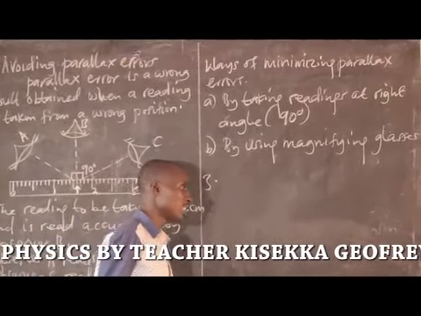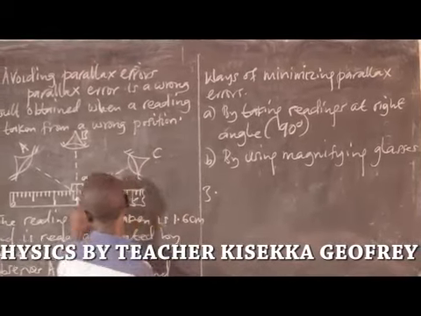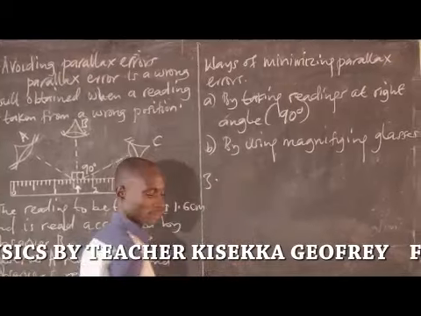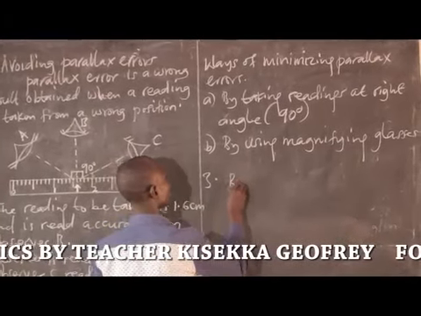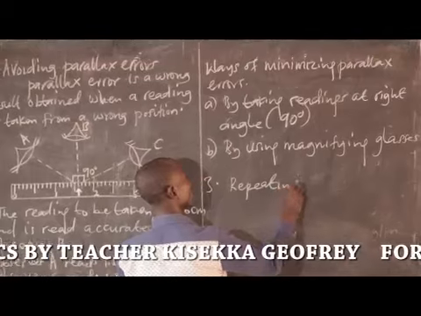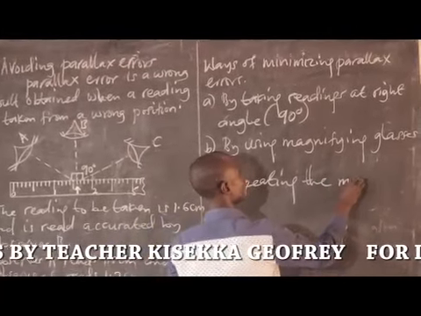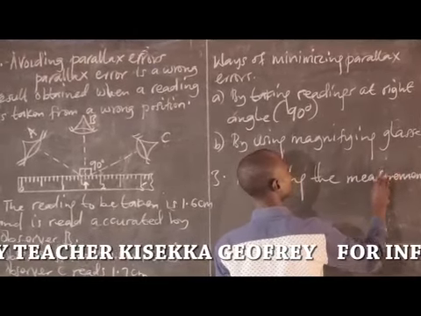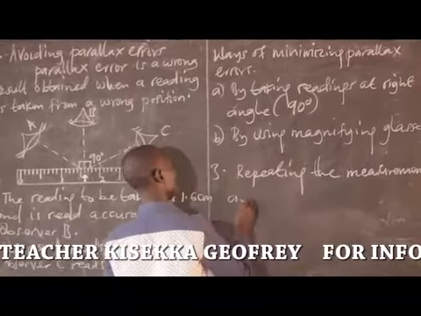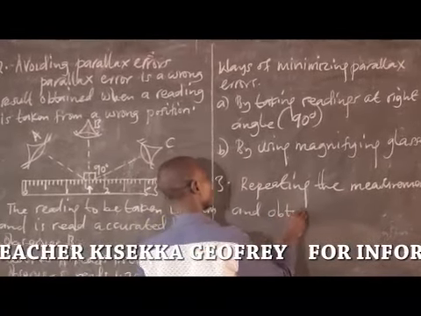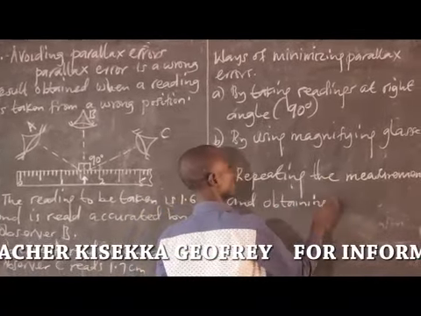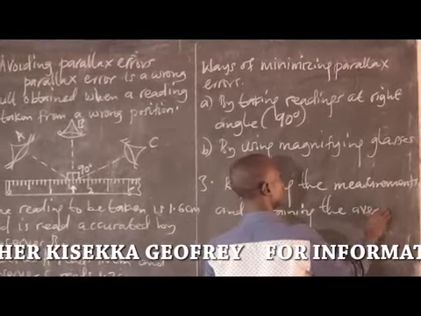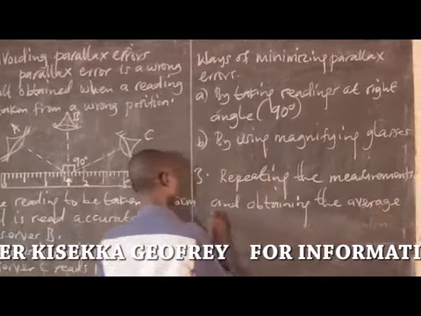The third one is repeating the measurements and obtaining the mean value, the average value.